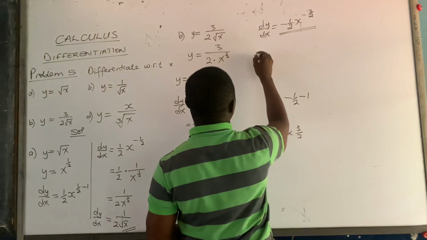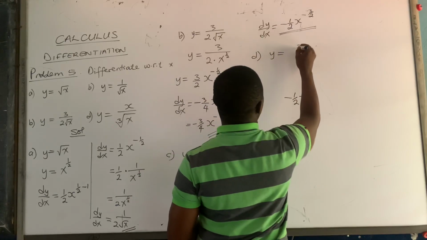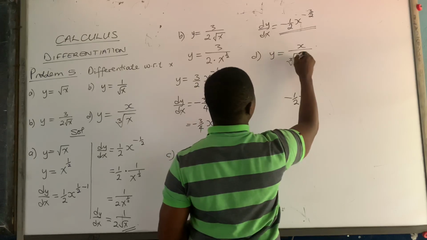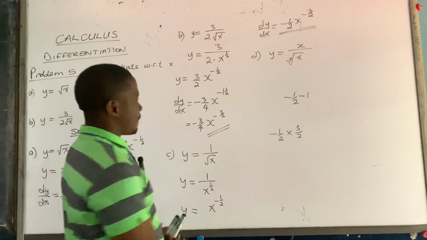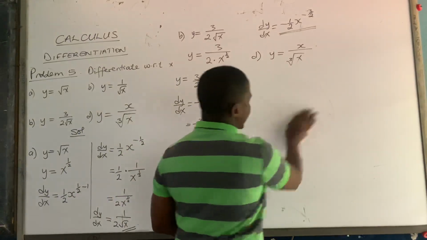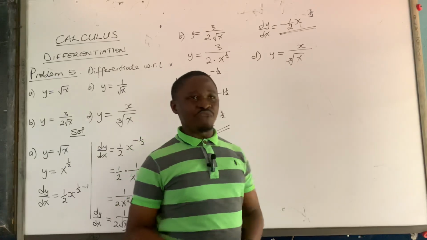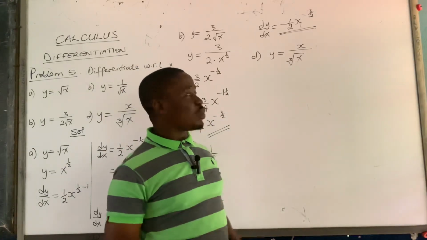The last one here, D, y is equal to x divided by the cube root of x. There are two things we must do here before we differentiate. One, we remove x from the root.